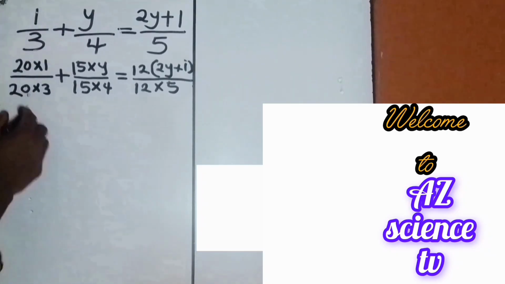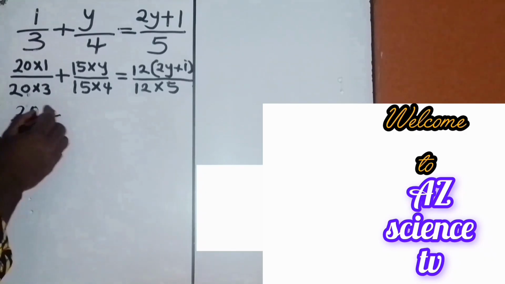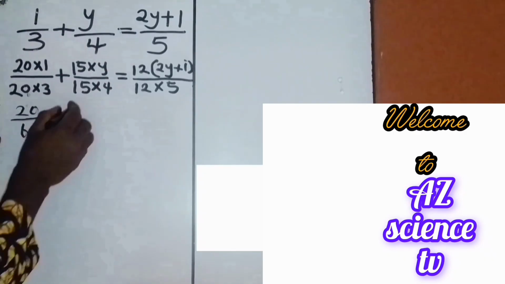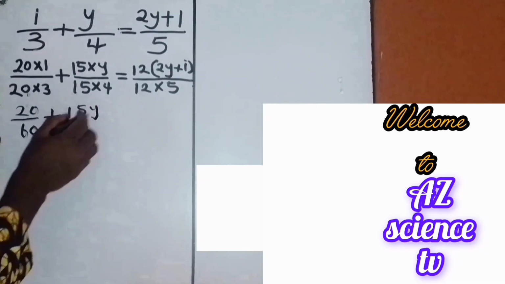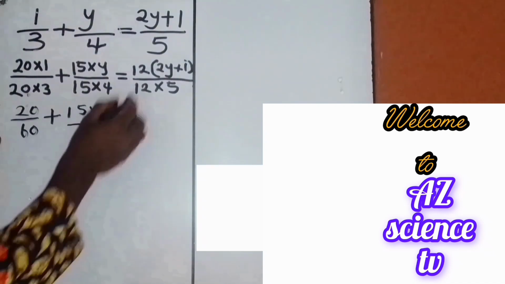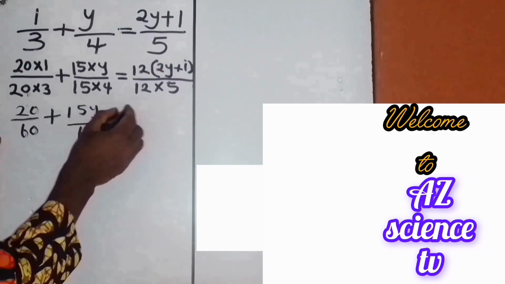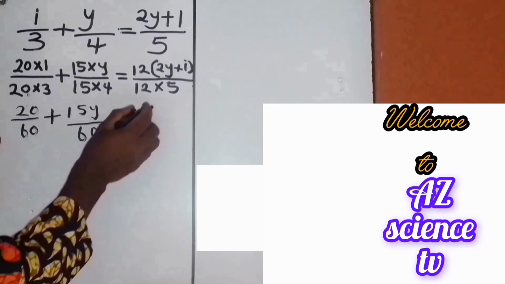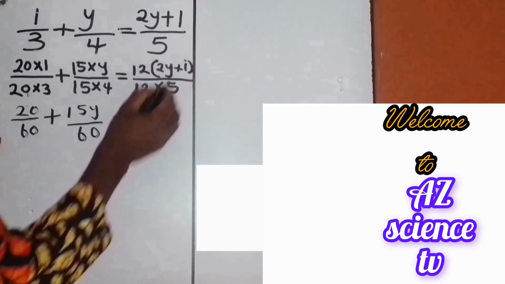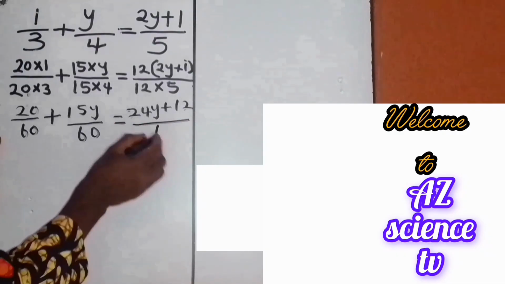So we now have 20 over 60 plus 15y divided by 60, equal to, open the bracket here, 12 times 2 is 24y, then 12 times 1 is plus 12, all divided by 60.